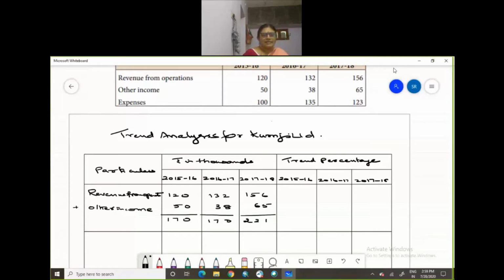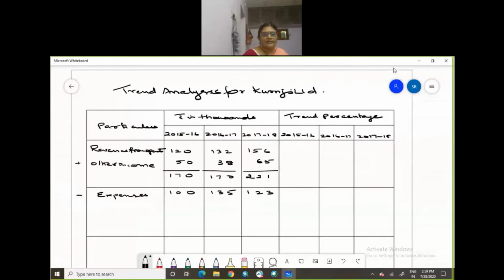Then let us go to your expenses. Less expenses: 100, 135, 123. So let us reduce this, and that will be your profit. Let us first subtract, then you get 70.